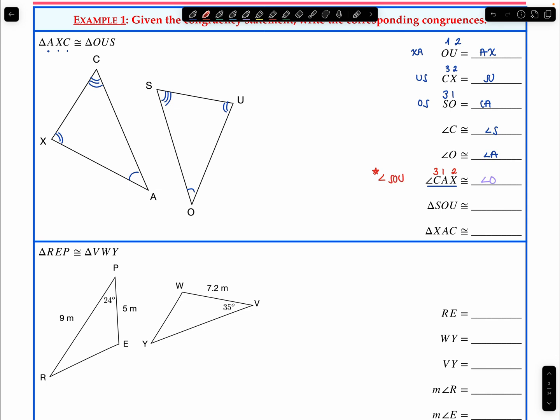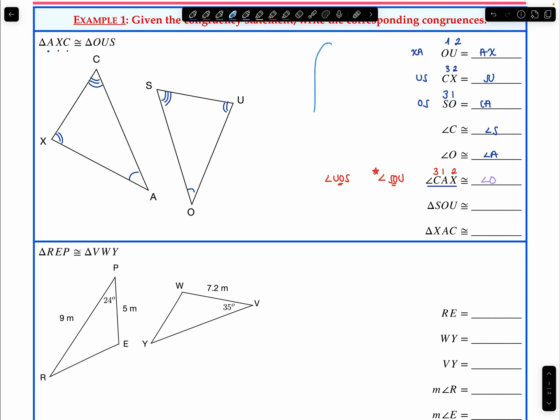SOU. The reason being, you can name it, for example, as angle UOS. Remember that in naming angles, only the middle letter matters. But really, if you name it with the 3, 1, 2, like the number of wedges, you are guaranteed to get it correct.